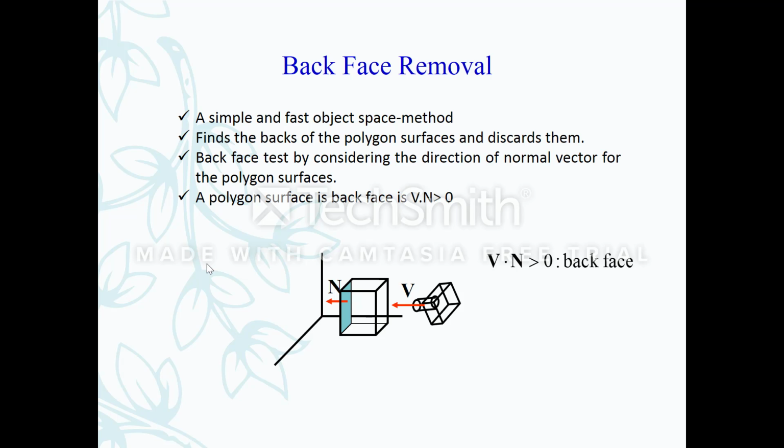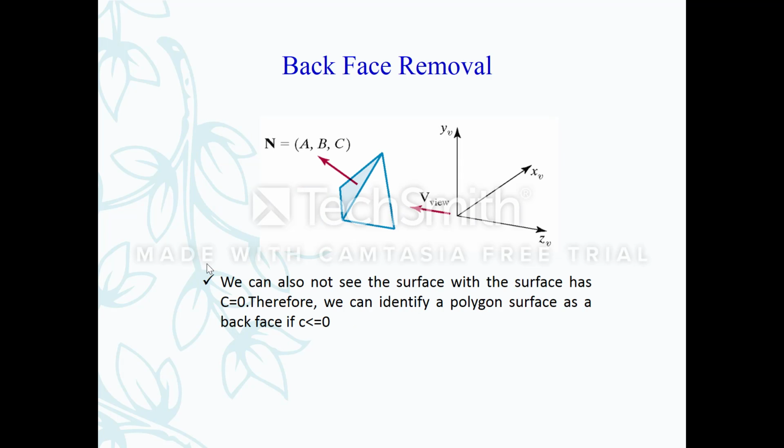Then it is decided that it is a backface, and we're going to eliminate it. Also, we cannot see a surface that has C equal to 0. Therefore, we can identify a polygon surface as a backface if C is less than or equal to 0.